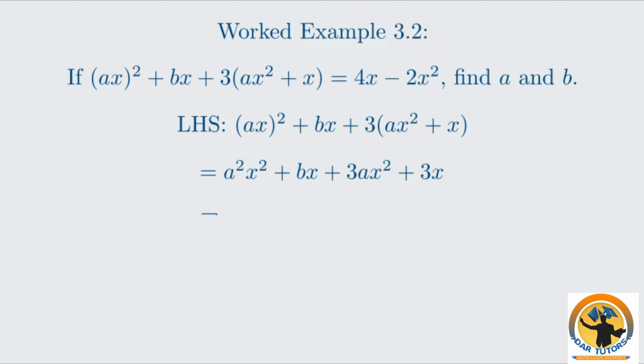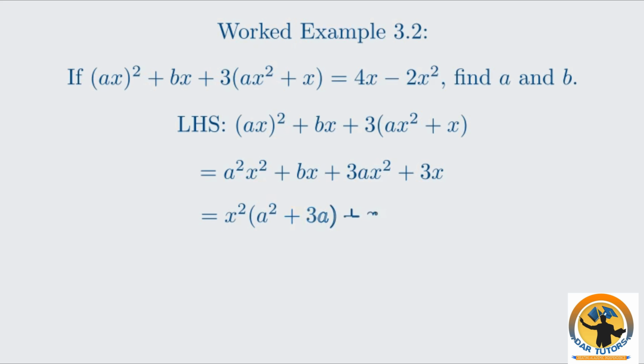Now we group the like terms. We have two x squared terms, a squared x squared and 3ax squared. Factoring out x squared, we get x squared times the quantity a squared plus 3a. We also have two x terms, bx and 3x. Factoring out x, we get x times the quantity b plus 3.